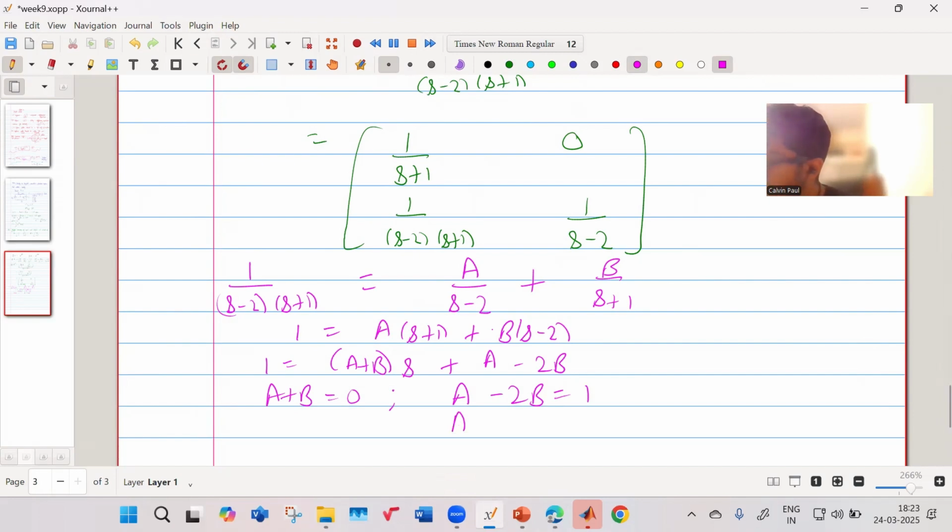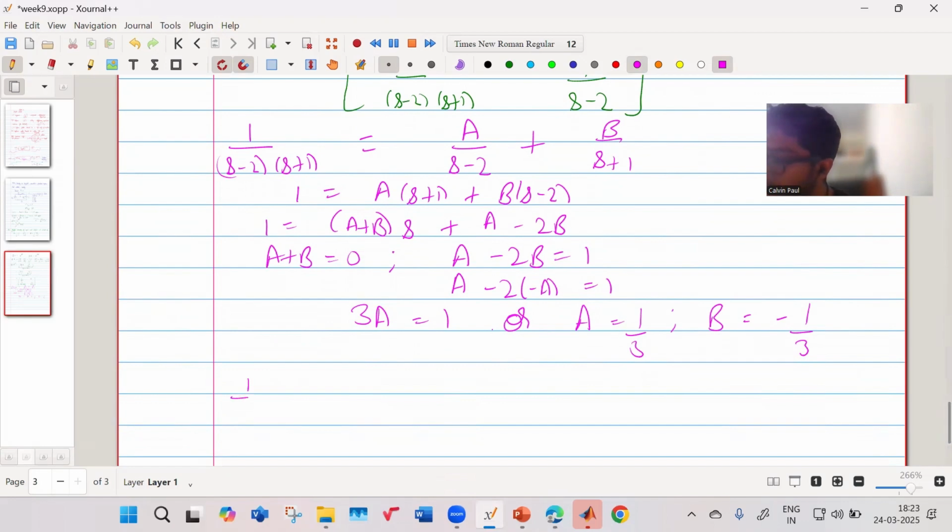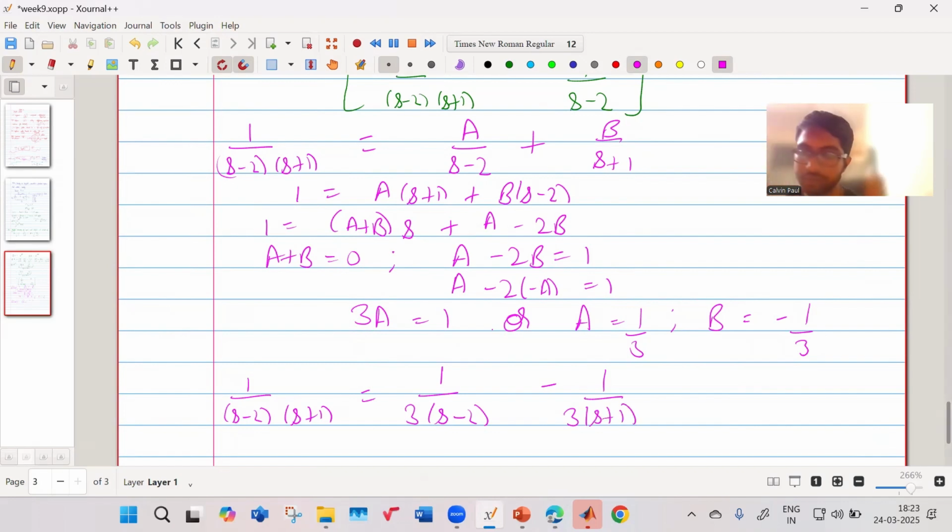Substituting B equal to minus A, we get 3A is equal to 1, so A equals 1/3 and B equals -1/3. So we can write 1 upon (s-2)(s+1) as 1/3 into 1/(s-2) minus 1/3 into 1/(s+1). Okay, so this has been written.